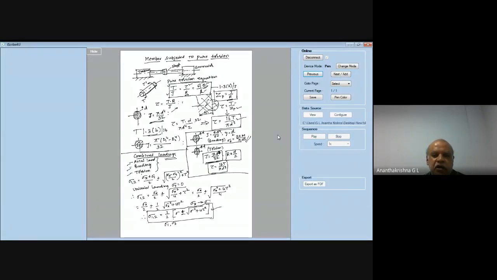Torsion is twisting, which induces shear stress.